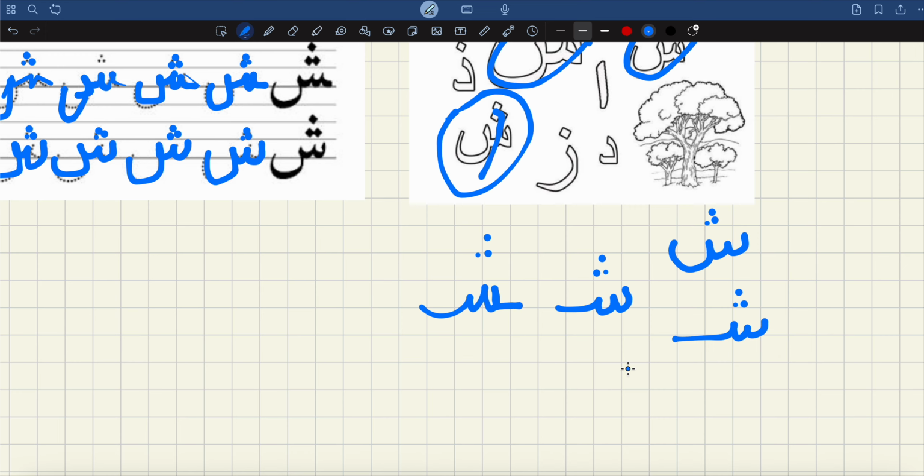In the end of the word connected, right, left, 3 teeth, and after that 3 dots. In the end of the word not connected, 3 teeth, and after that the ball, and after that we write the 3 dots.